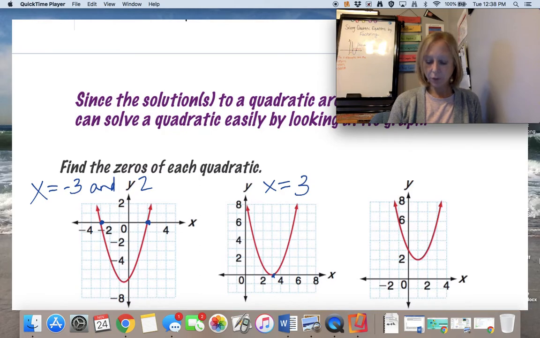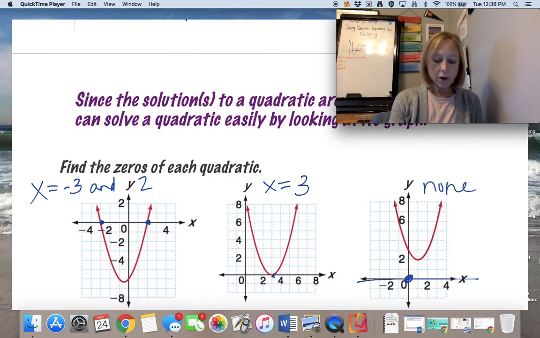Finally, the last one, this graph never crosses the x-axis. There are none. You don't want to write 0 because if you wrote the number 0, I would think that the x-intercept, the zeros, the roots, the solution is right there on the origin. But that's not the case. We need to write none.